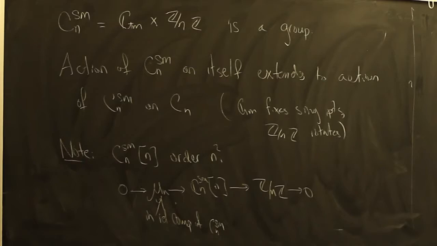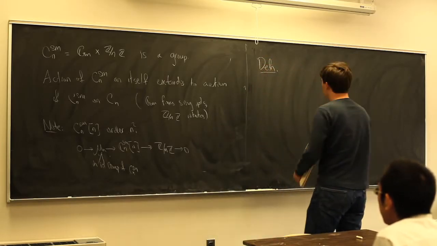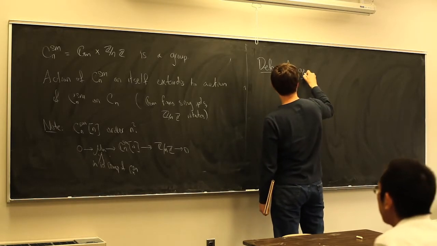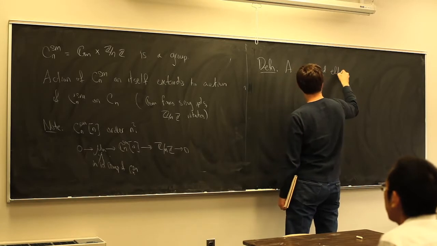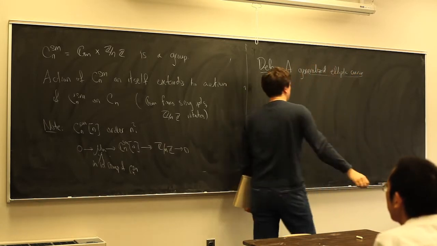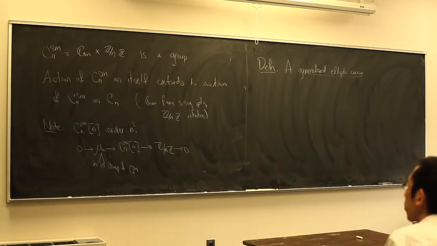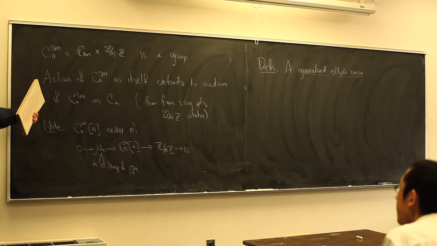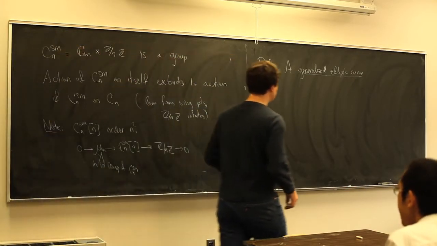All right, so another definition: a generalized elliptic curve. The definition is that a generalized elliptic curve is basically an elliptic curve or one of these things. But we want to make the definition over arbitrary bases, so let me write it.